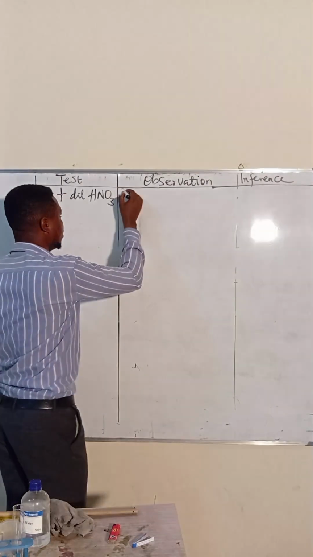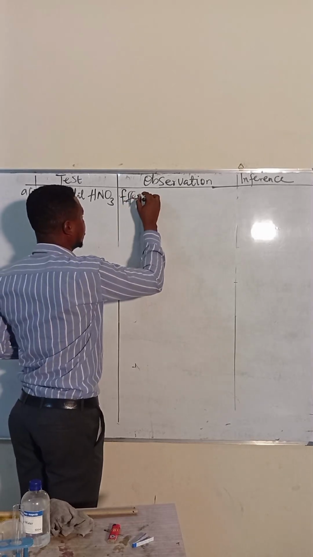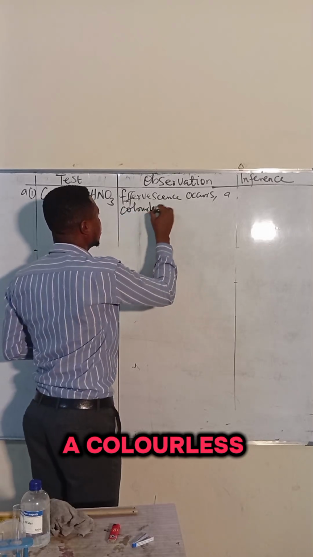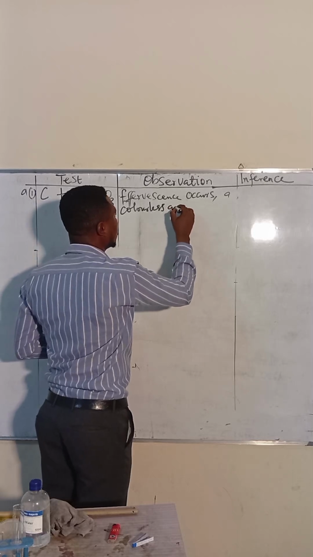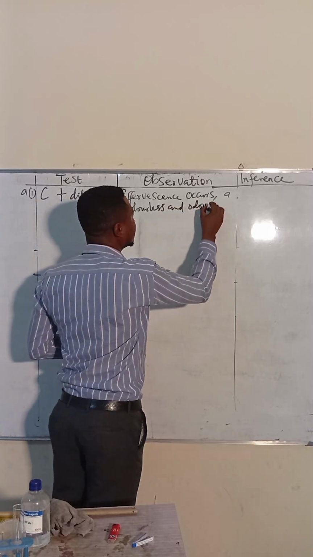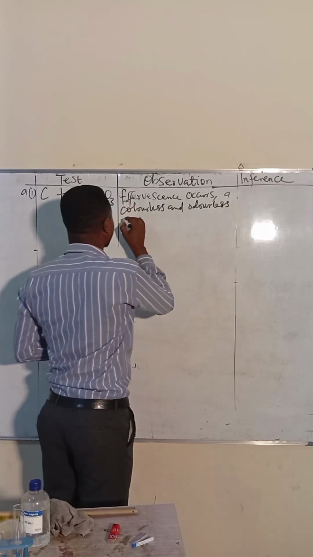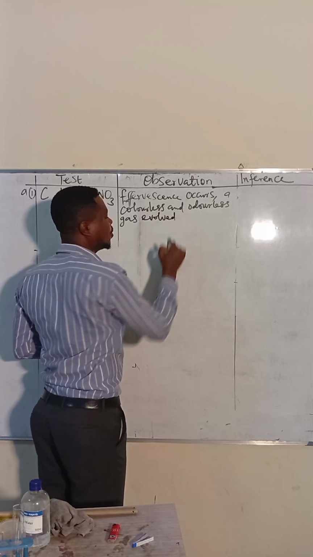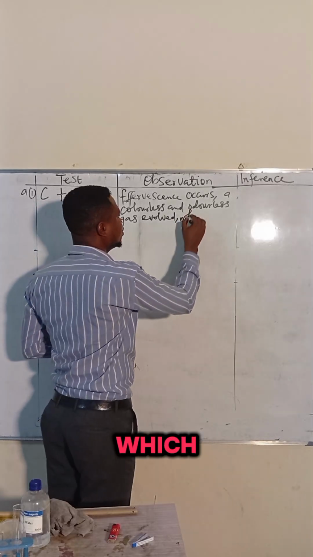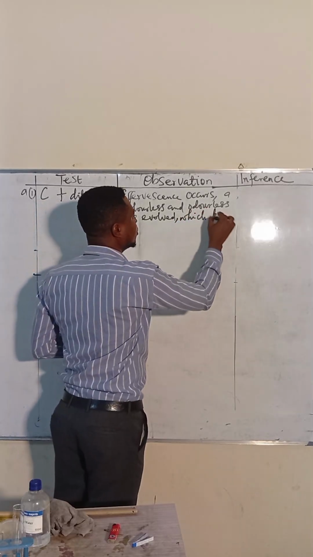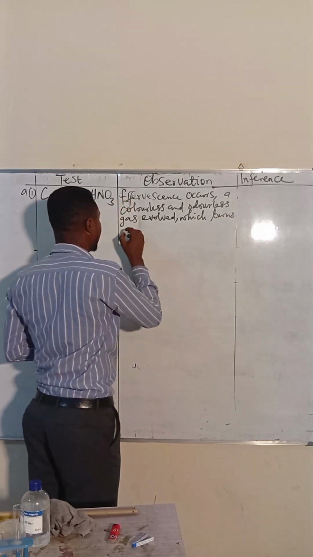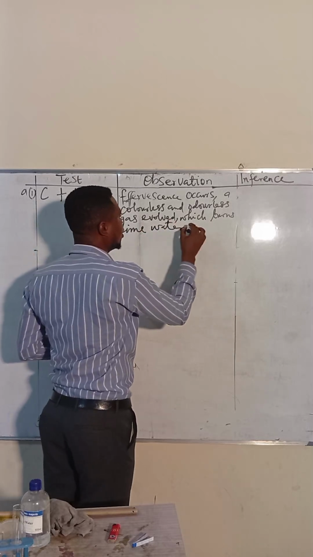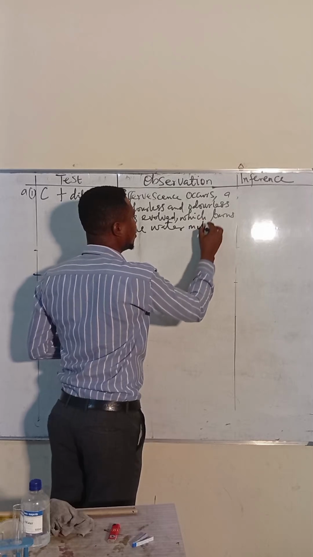Effervescence occurs, a colorless and odorless gas evolved, which turns lime water milky.